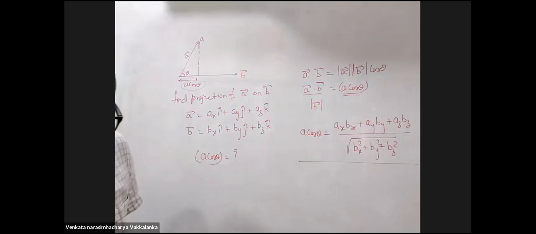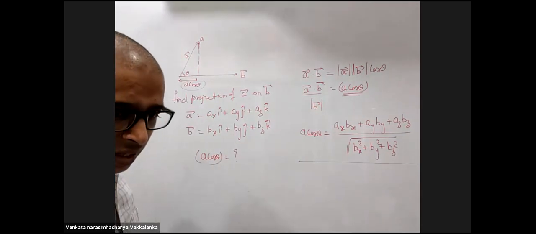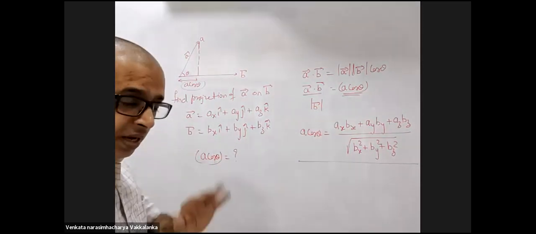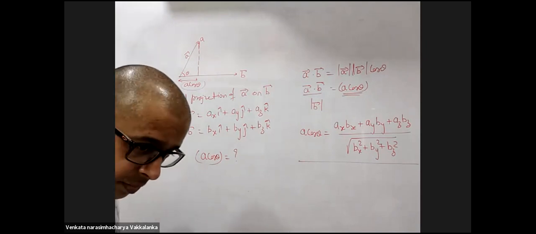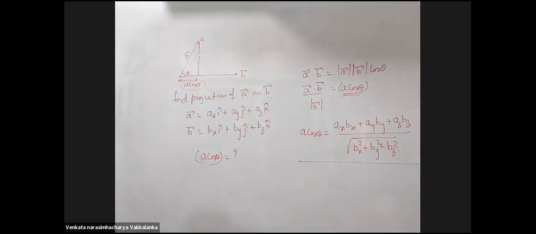Right? Sir, and if we are asked to represent it in vector form, then should we find the... I'll come to that. First complete this. Sir, what if B is not along the axis?